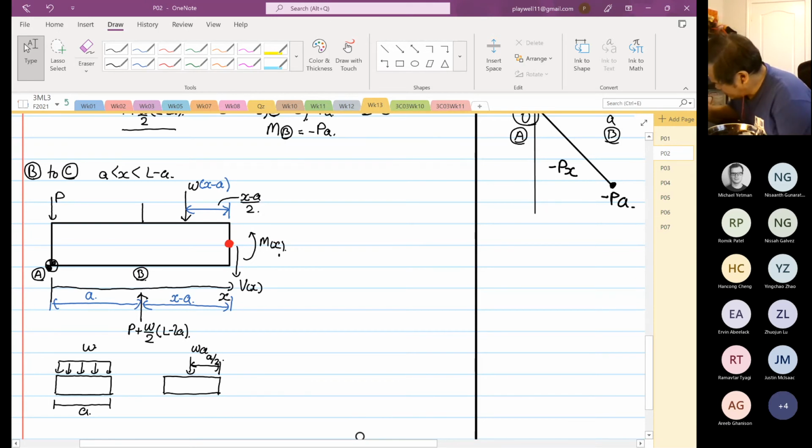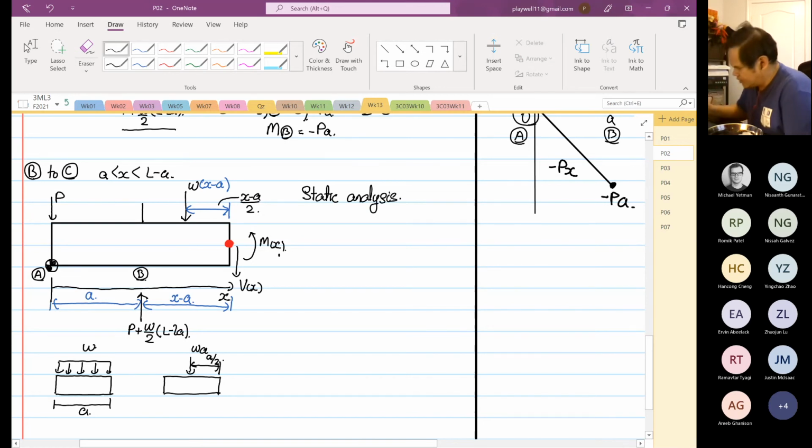Then again, we carry out static analysis. So positive. There are more factors to consider now.